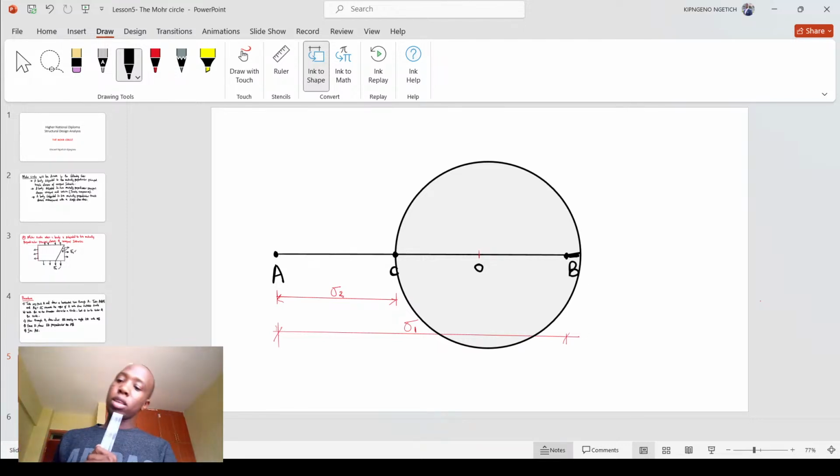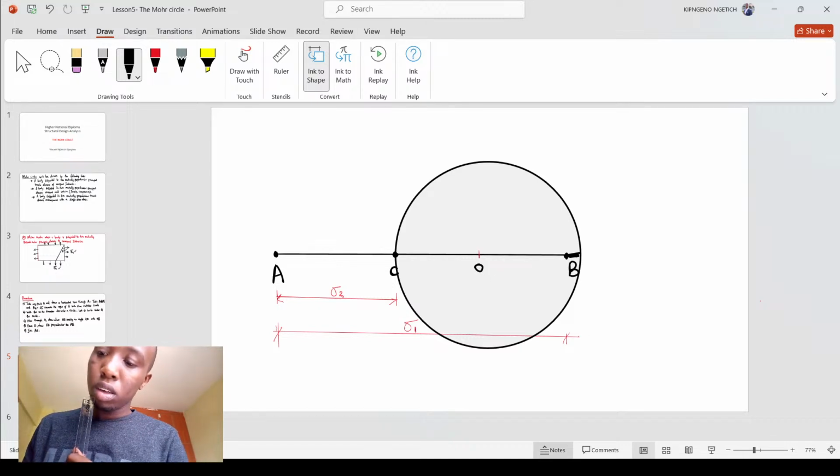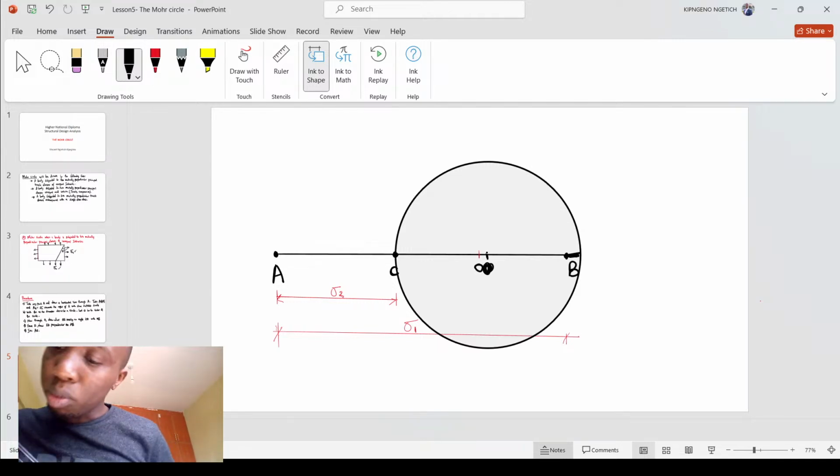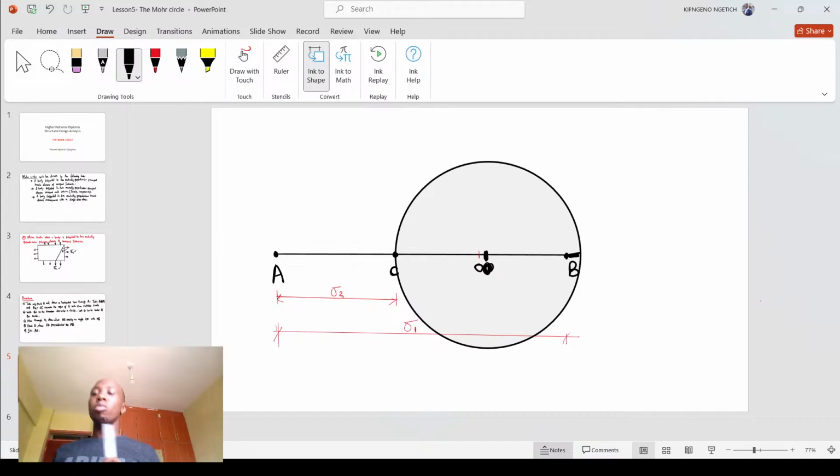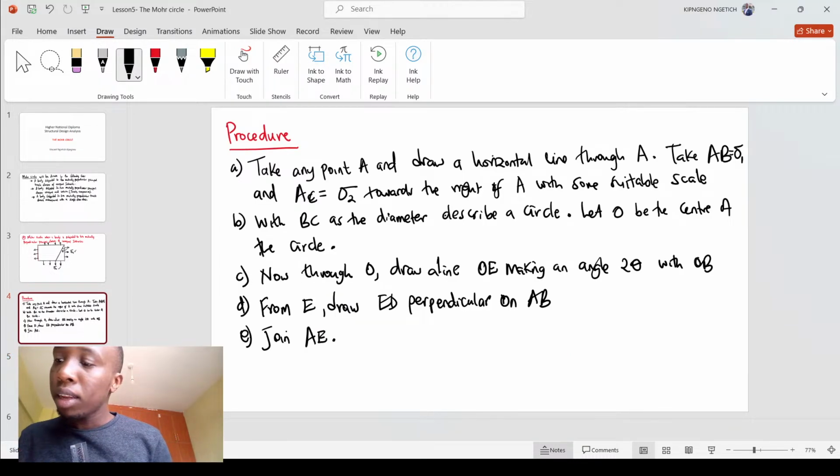So this is O. Just to bring logic to the diagram, I can clearly see that the center will be here. All right. So the next step is, let O be the center of the circle.